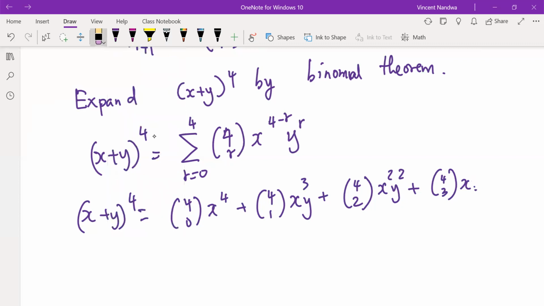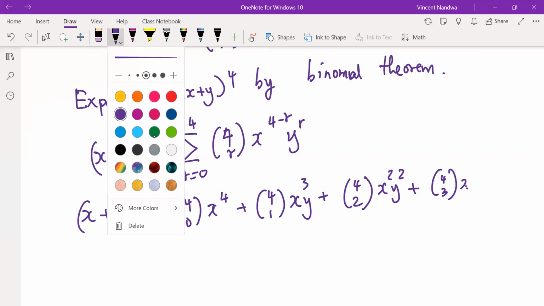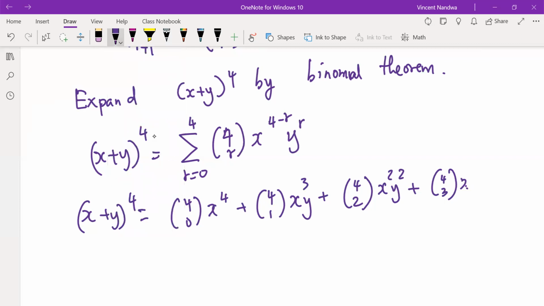So the power of x will be 1. But the power of y will be 3, then plus 4 combination 4, y power 4.